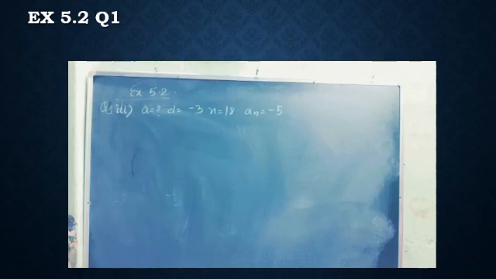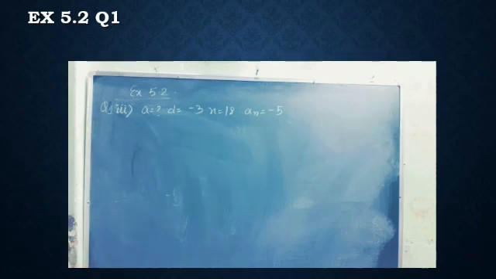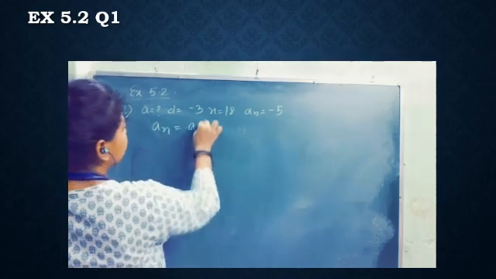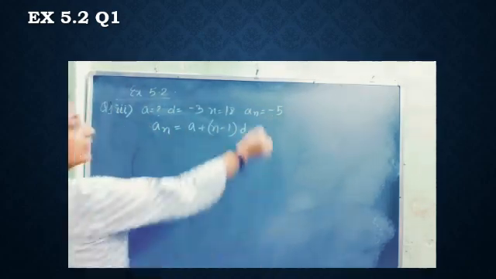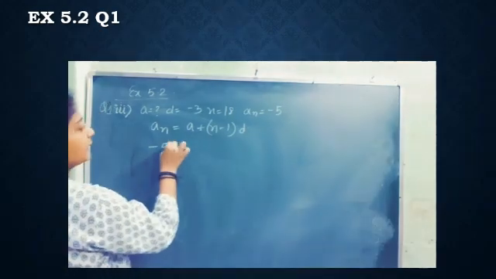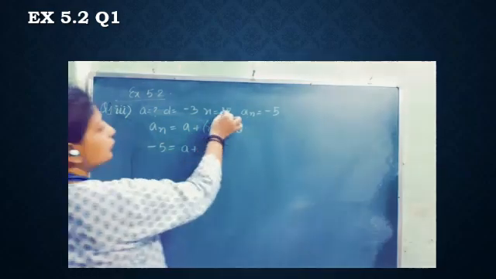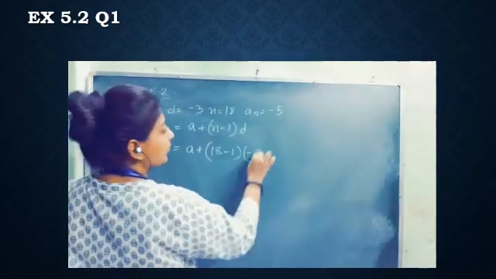In the next part, we have to find the value of a. d is given as minus 3, n is given as 18 and an equals minus 5. Putting the values in the formula, I can write an as minus 5. a we don't know, so let it just be. In place of n, I can write 18. And in place of d, I can write minus 3.